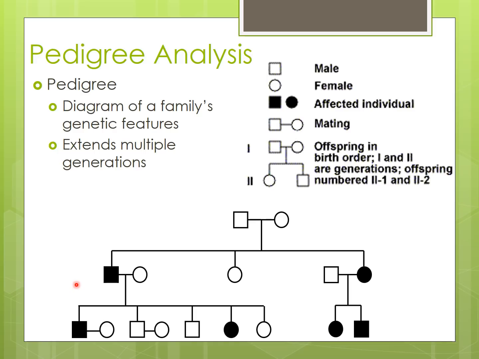There are instances where it skips a generation, and then sometimes they will put a dot in the middle of either the square or circle to show that that individual carries a trait but doesn't manifest the actual disease or trait we're looking at. But we'll talk about that in more detail when we get to an actual example in the patterns of inheritance.